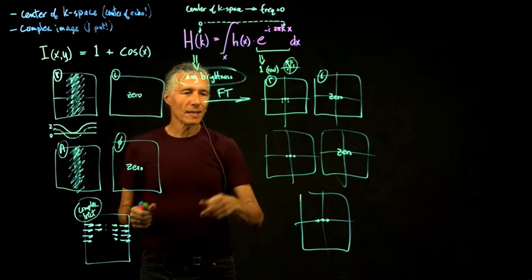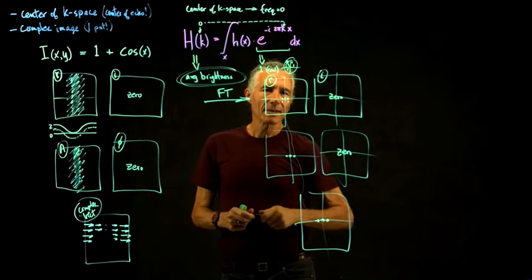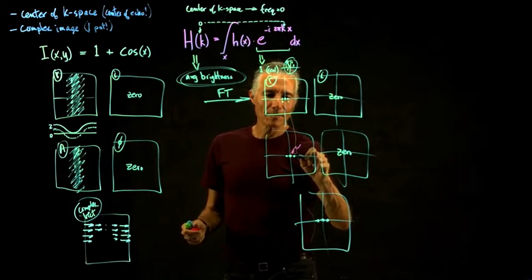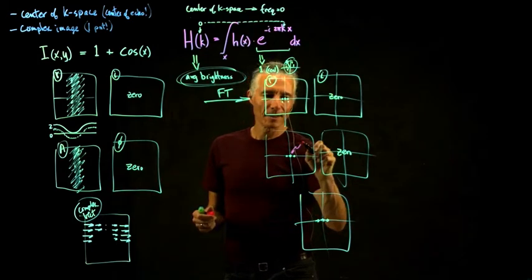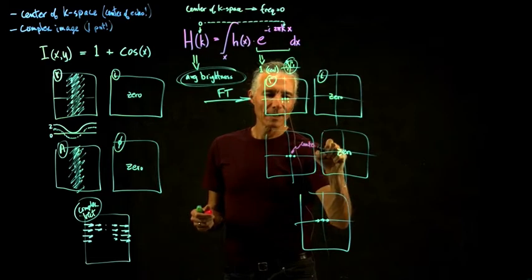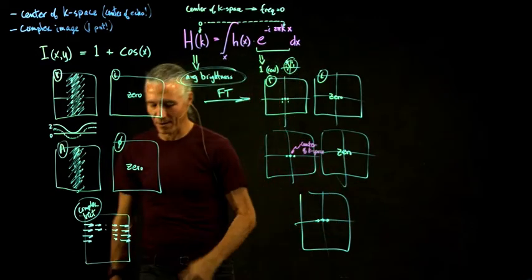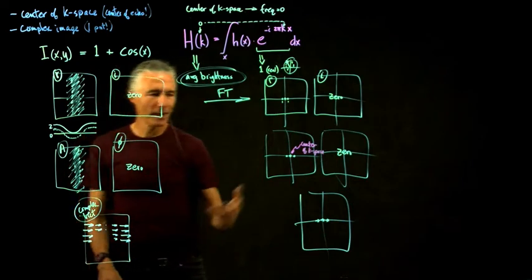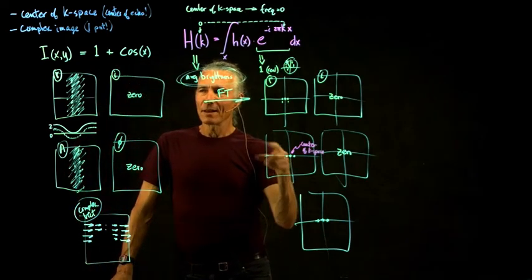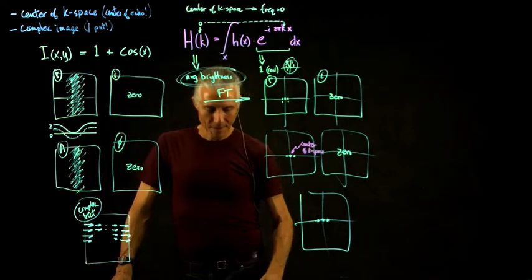And what you'll see is that the value that you have right in the center of kSpace is highly important for what the contrast of the image looks like, because you can sort of think of it as the baseline against which everything else is being compared. It has a much bigger effect on what the image looks like than any other point in kSpace.